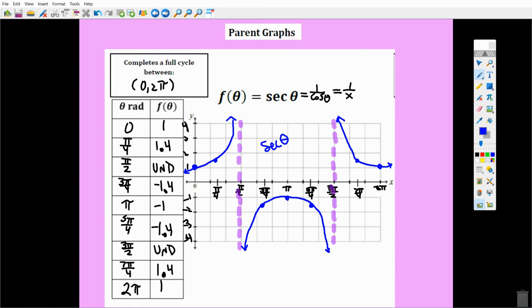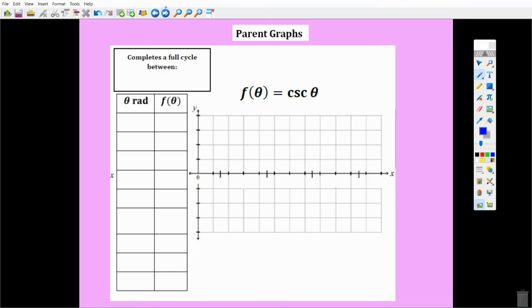And the last one that we have here is cosecant. So cosecant, again, is the reciprocal of sine. So again, we do pretty much the same thing like we did with cosine, 1 over cosine, but again, the numbers are going to be a little bit different in terms of order, but it's very similar because we're still using the unit circle. So for cosecant, again, it finishes a cycle between 0 and 2 pi. So I know that this is going to be 0 to 2 pi again.